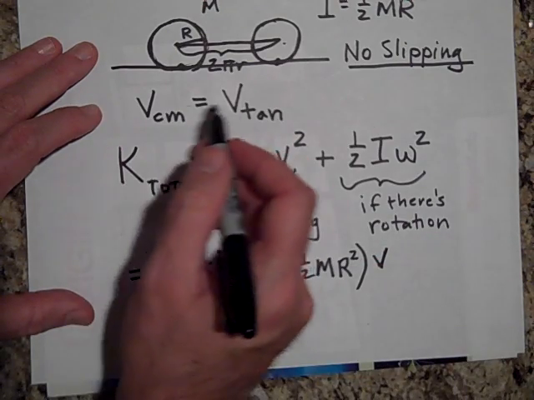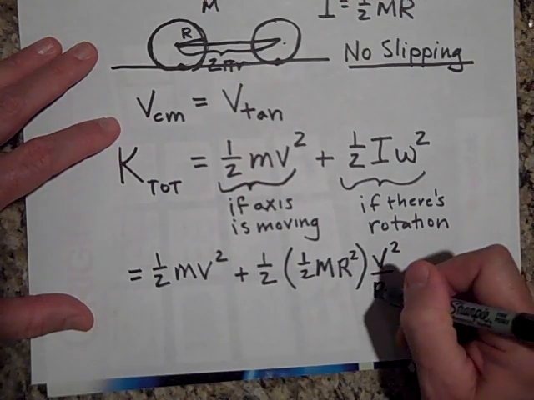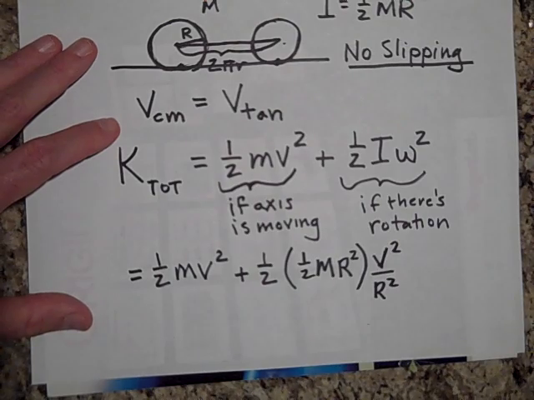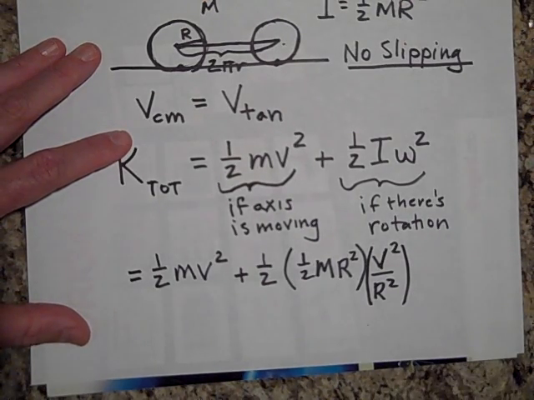These v's are the same. So v squared over r squared. See how that's omega squared? What I just put in parentheses, that's omega squared.